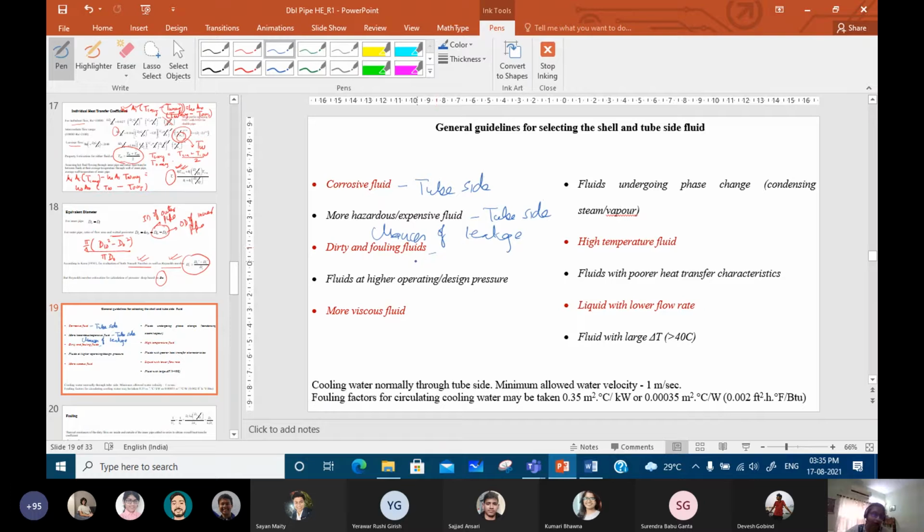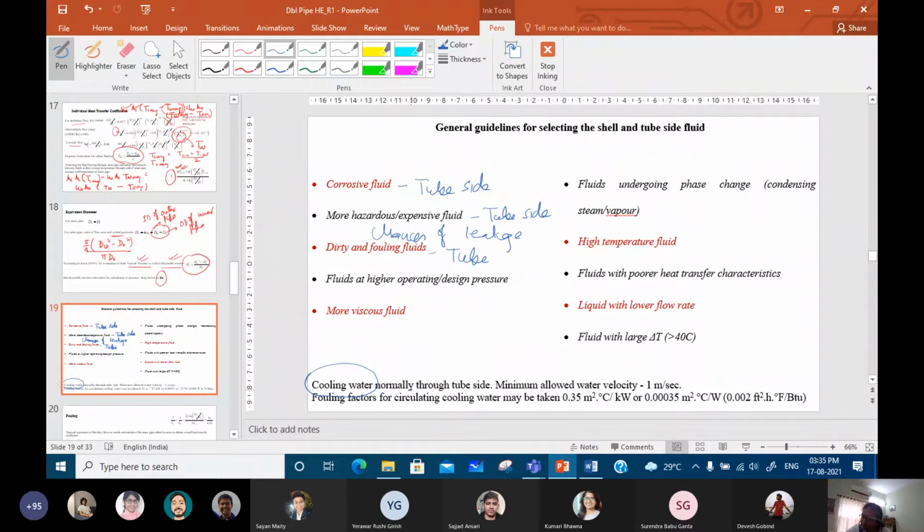And when the dirty fluids are flowing in the shell side, it is going to dirty both the shell and the tube. This is precisely the reason why cooling water, which has a good fouling tendency, is usually introduced through the tube side. The other important thing you should remember is that in the tube side, since the diameter is lower, the velocity will be higher.